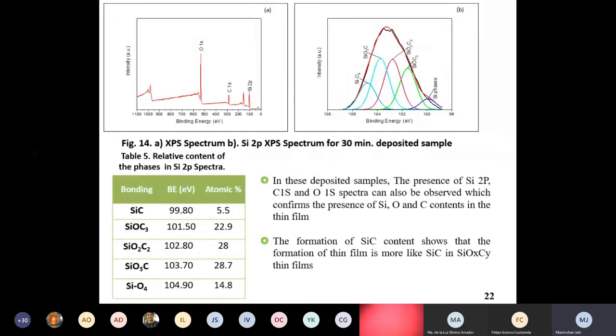If we see the XPS results of this 30-minute deposited sample, we can see that silicon, carbon and oxygen are all available here.